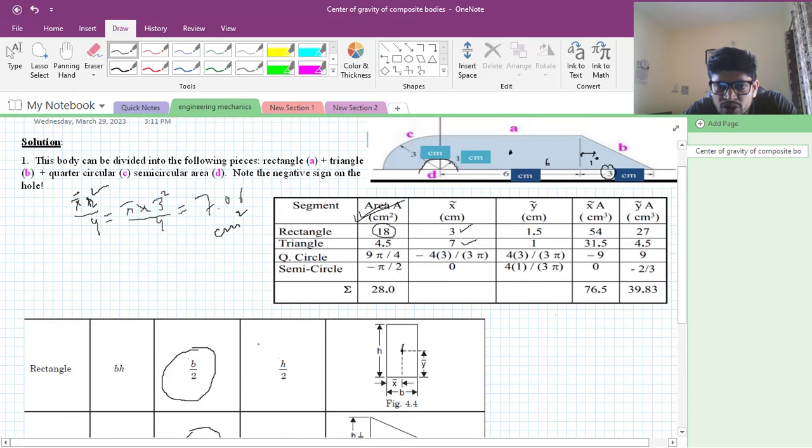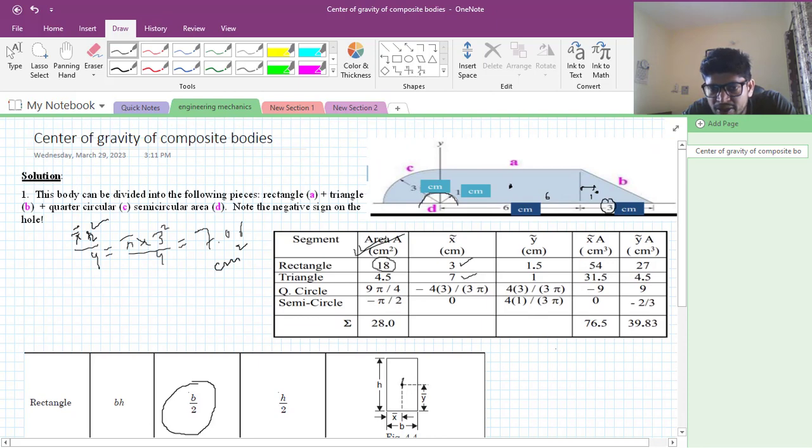So all the values are calculated already here. You can see this is the x value for quarter circle. You can see the quarter circle is in negative direction from this origin. Okay, that's why it is negative 4r by 3 pi.